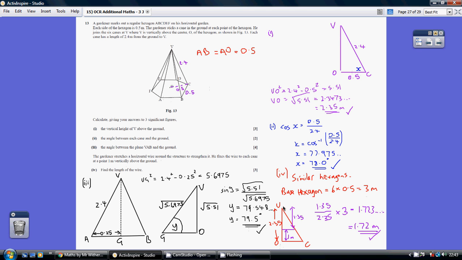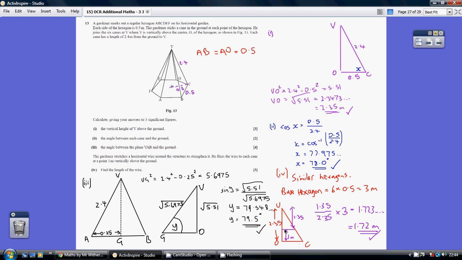The height we're interested in from V is 1.35, because we're told it's 1 meter vertically above the ground. So by looking at similar triangles, you can see this is basically going to be the length of each side of the hexagon. On the base the perimeter is 3, in other words each length is 0.5.